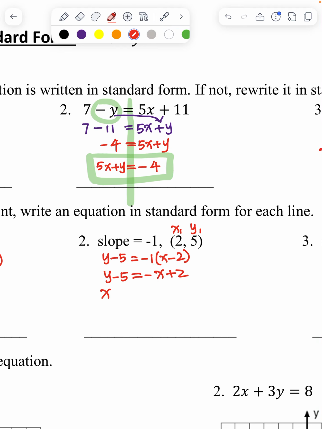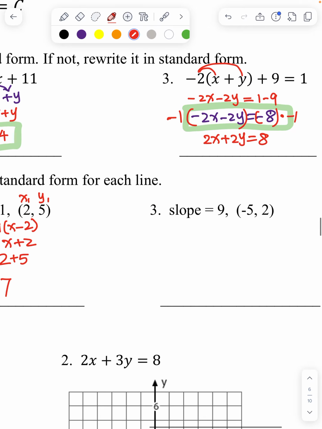So x plus y equal to 2, which is not moving. Negative 5 crosses the equal sign to the other side and becomes positive 5. So the final is x plus y equal to 7.